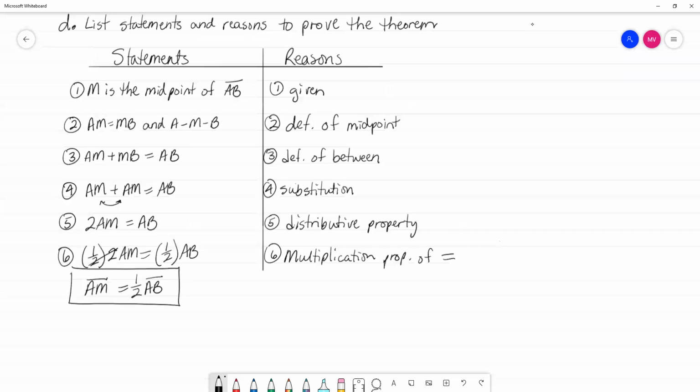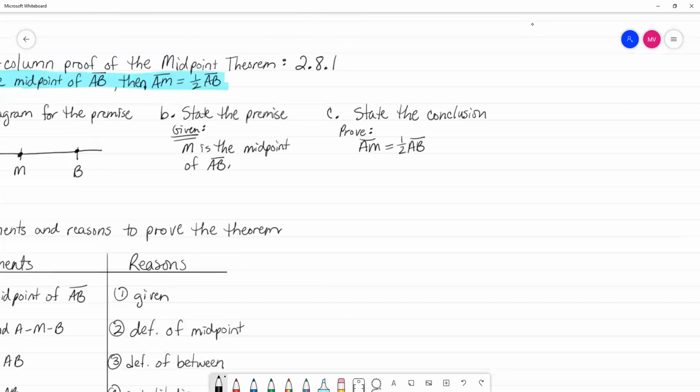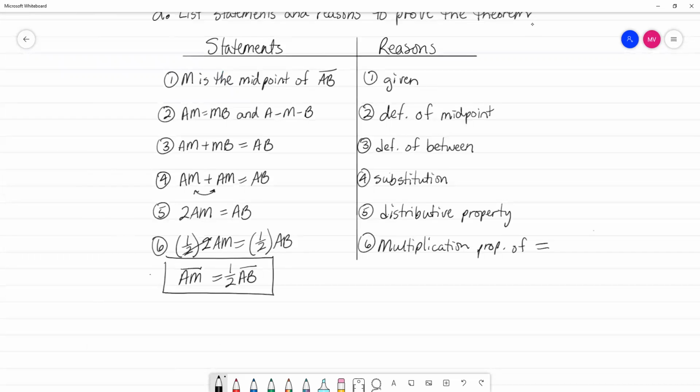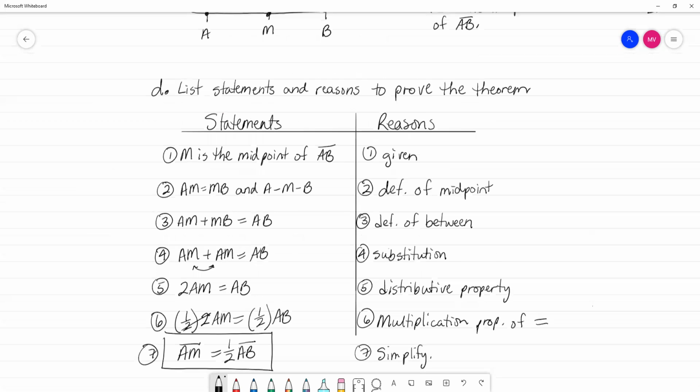All right, which when you go back to look at what you're trying to prove, AM equals 1/2 AB. I guess I could just call that simplify, just so we put a name on it. So, and that's it. That's what they're asking for.